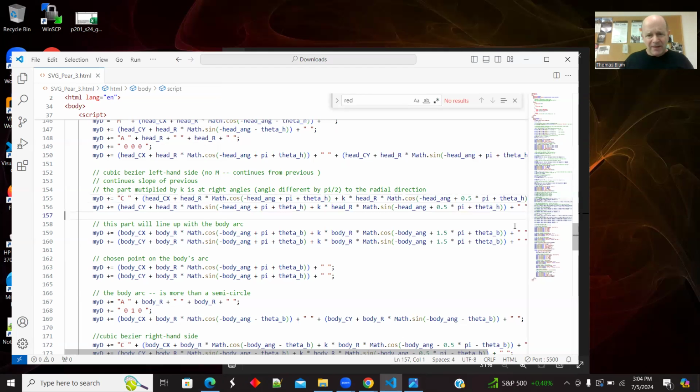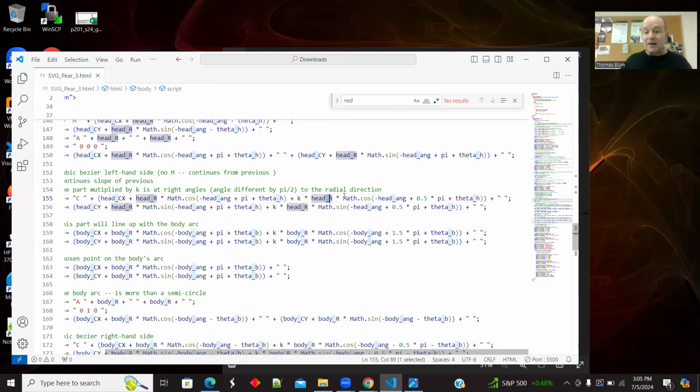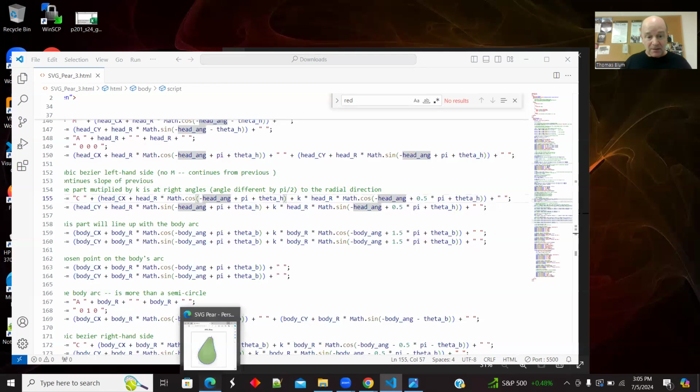I'm not going to do all the math in as much detail, but just want to give you an idea, at least as a start. So here's the point where I was at, and then I add a little bit, this k parameter, times that green axis. So that is a cosine of half a pi. So this was pi, this was half a pi. So this was getting me to that end red point.